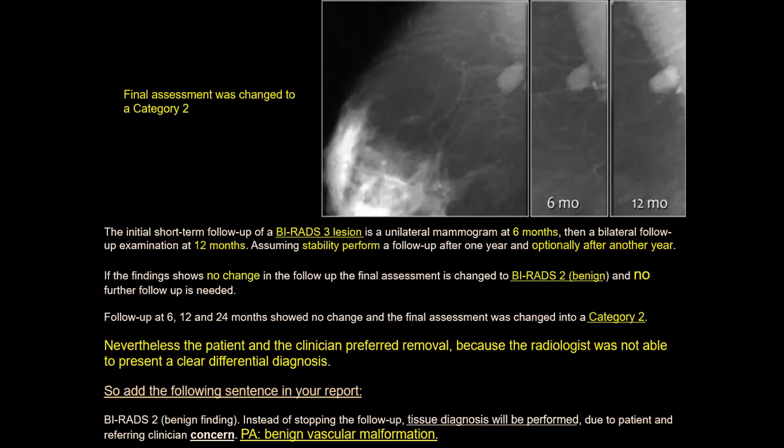Because the radiologist was not able to give a differential diagnosis for this lesion. That is why the clinicians prefer to remove the lesion or to do a biopsy. So we have to report it as BIRADS 2 instead of stopping follow-up. Okay, tissue diagnosis will be performed due to patients or referring clinicians' concern. And in this case, the result was benign vascular malformations.